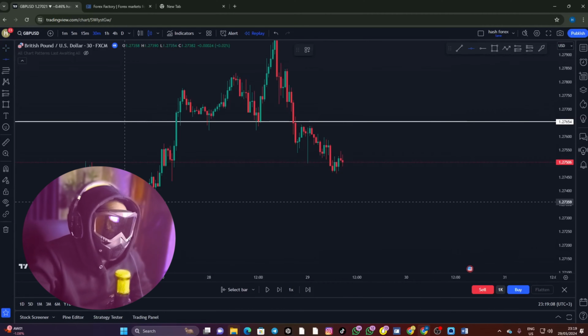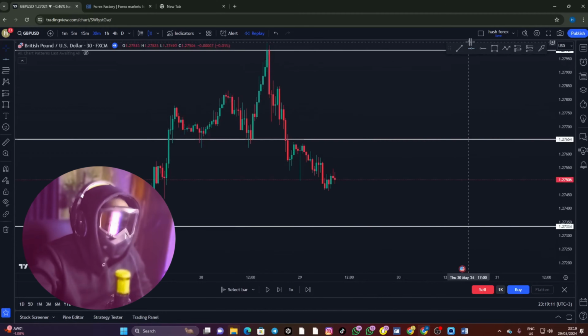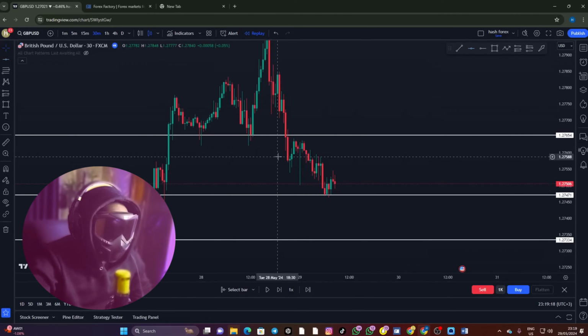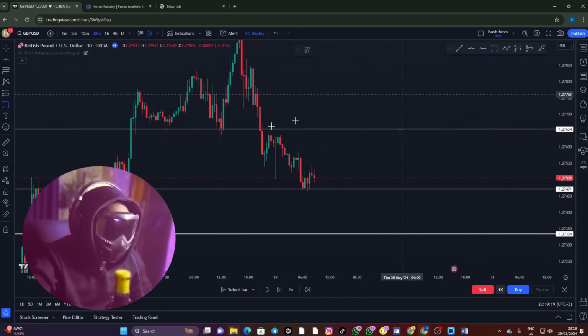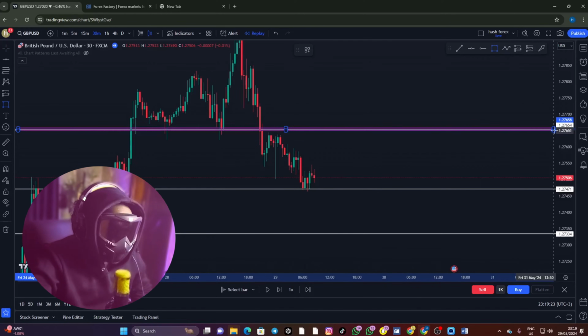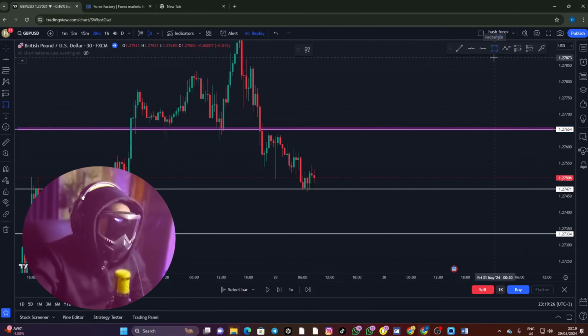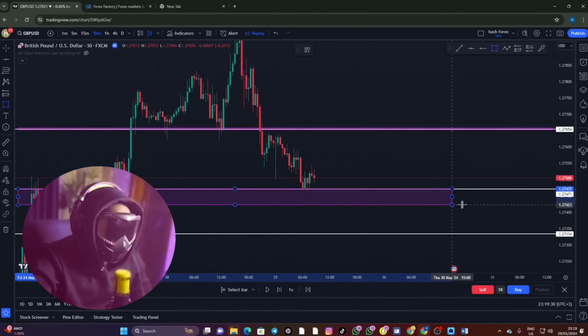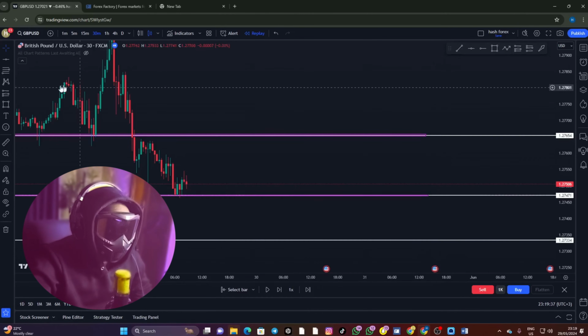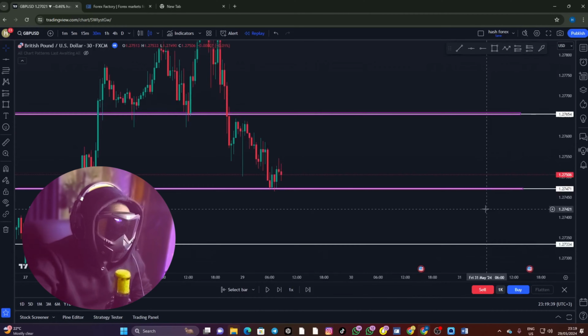We also have resistance there, and a support level at that point. So I'm going to highlight my important zones here. We're having this resistance here, then we're having that support point. So I'm going to be having my sales below here.